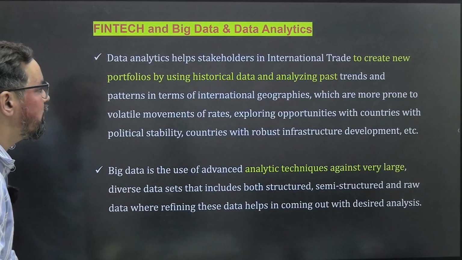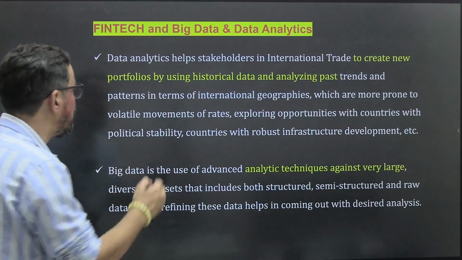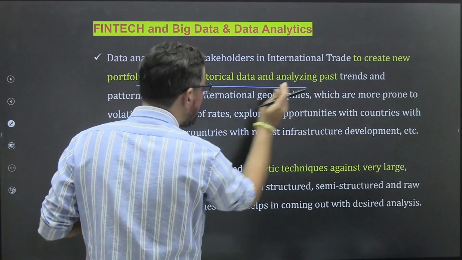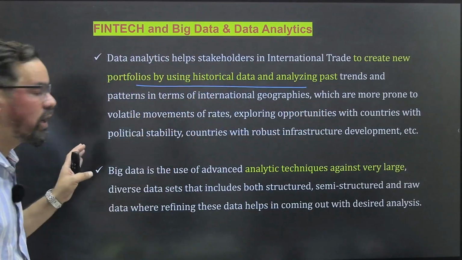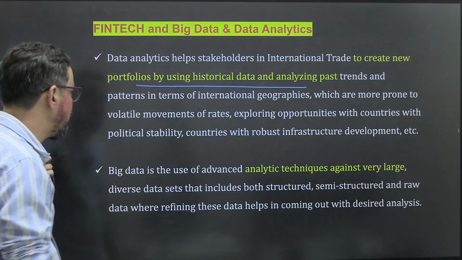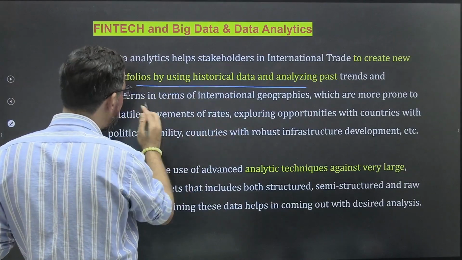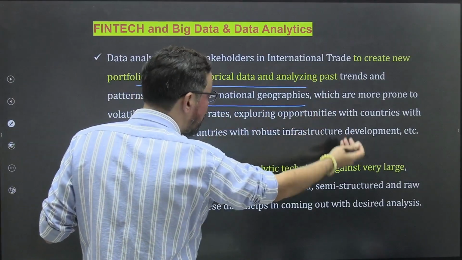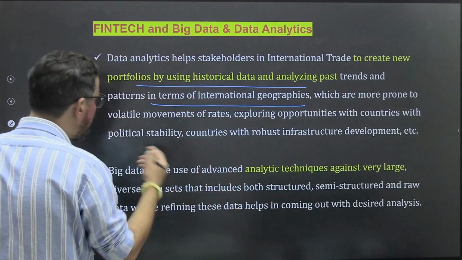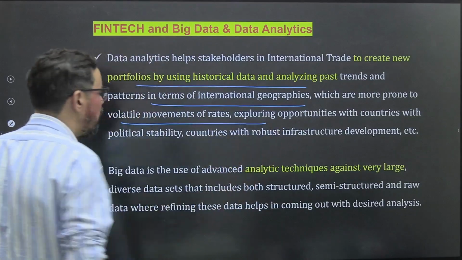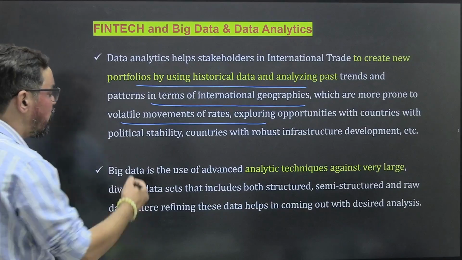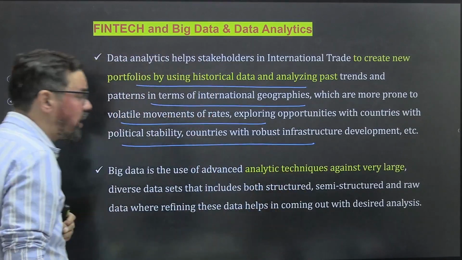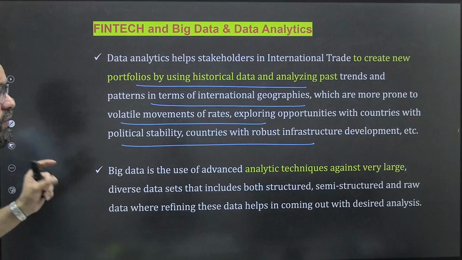Data analytics helps stakeholders in international trade to create new portfolios by using historical data and analyzing. So data analytics is kind of, your big data is generally known as, so the outcome of those particular patterns in international geographies, which are more prone to volatile movements of rates, exploring opportunities with countries with political stability, countries with robust infrastructure development.